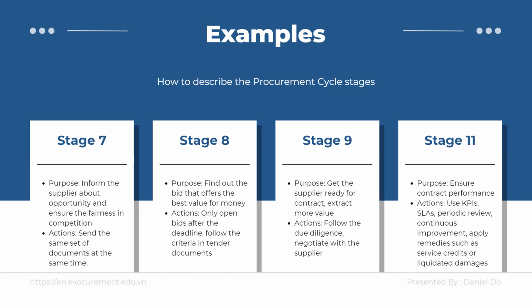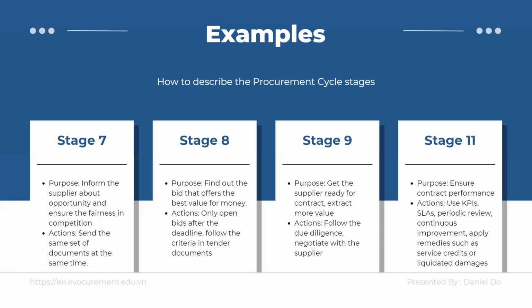Stage number 7 is about sending or issuing the bid or tender to the supplier. Here we have a purpose and a list of activities. The purpose is to inform the supplier about the opportunity and also to secure fairness or equity within the competition.